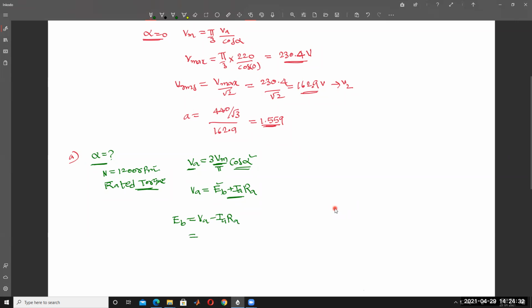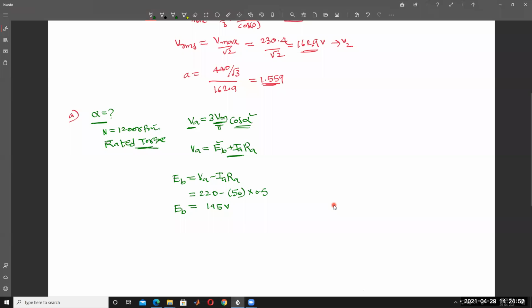VA is equal to 220 volts, and IA is the rated armature current, into armature resistance 0.5. So you will get 195 volts. Now you know the relation EB1 by EB2 is equal to N1 by N2.